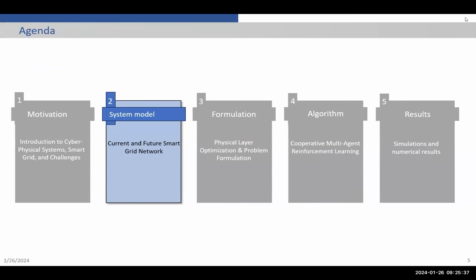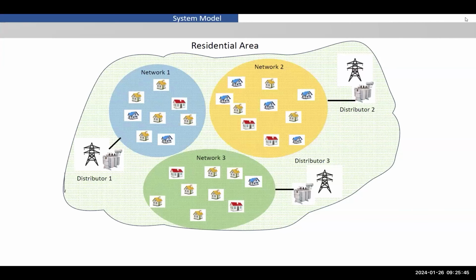Now I would like to talk a bit about the system model of the system that we have considered. Suppose that this is a residential area. In the residential area, we have a bunch of households, as in reality. A bunch of households are connected to a shared distributor or transformer. Another bunch of households are connected to another transformer.